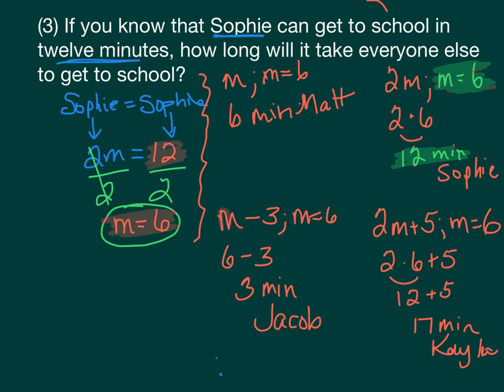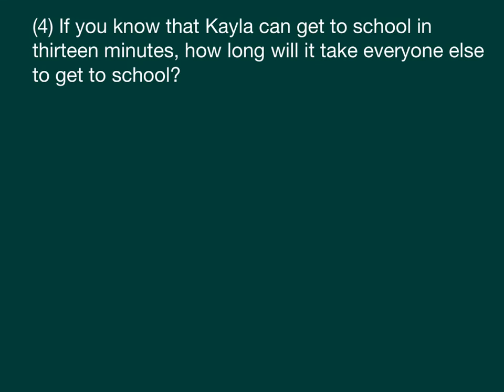Okay, moving right along here. The next thing we're going to do is this last one that we have here. Kayla can get to school in 13 minutes. How long will it take everyone else to get to school? So this is similar to the last problem, but there's actually an extra step.